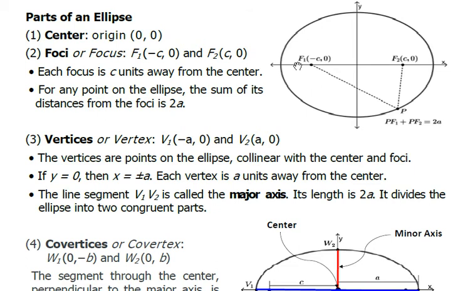That means it is in line, aligned with the center and the foci. Now if y is 0, then x is positive or negative a. Each vertex is a units away from the center.